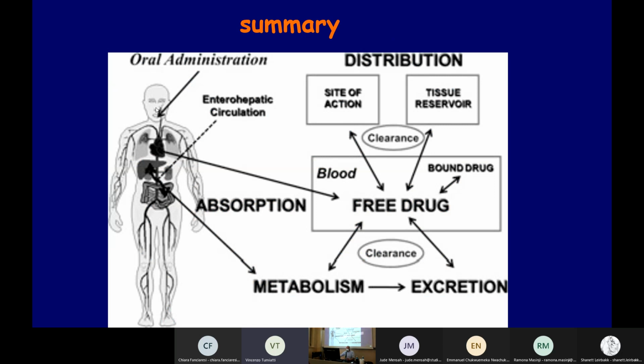We can have an oral administration. You saw the absorption in the stomach. The drug reaches the blood flow. Only the free drug can reach the site of action, can go to the tissue as a reserve, can be excreted, can be metabolized. And the metabolism normally is carried out inside the liver.